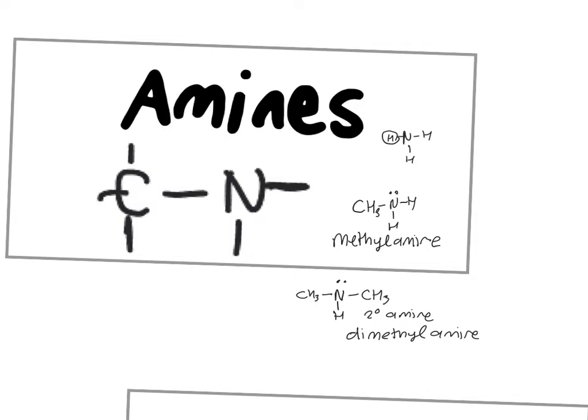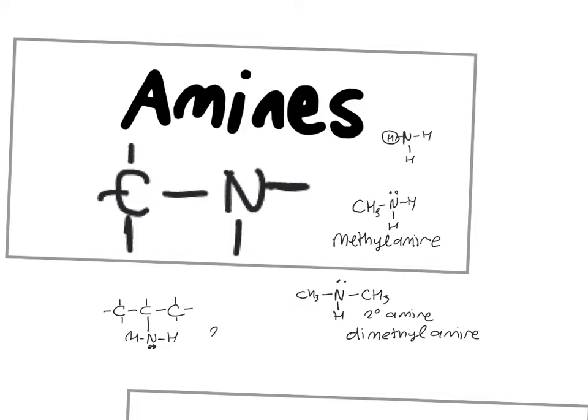Let's look at another example, this time with 3 carbon atoms, but with the amine group coming off carbon number 2. So this is still a primary amine because only one of the hydrogens has been substituted.